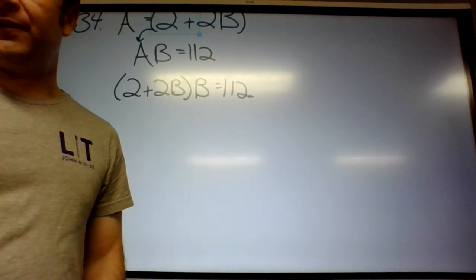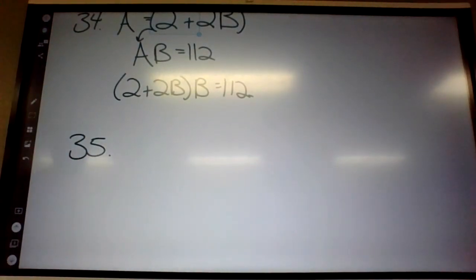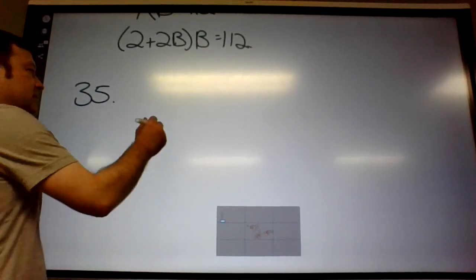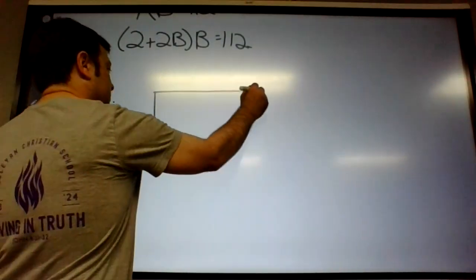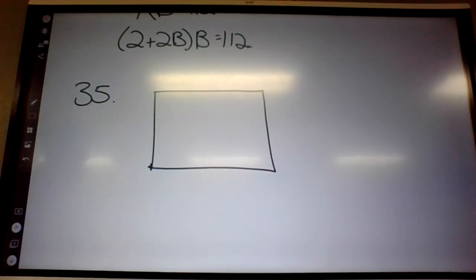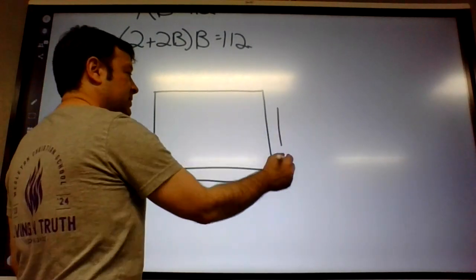Okay, 35. The area of a rectangular piece of concrete is 120 feet squared. Okay, here's the rectangle. Do you guys remember how to find the area? We didn't do it this year, so I'm asking from previous years. You just multiply these two things together.